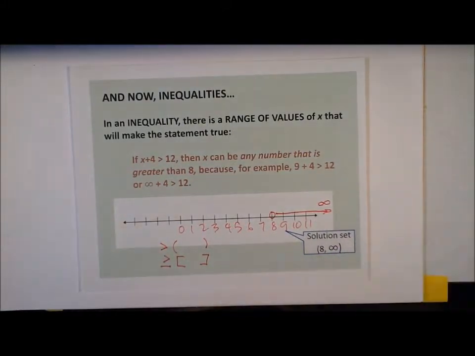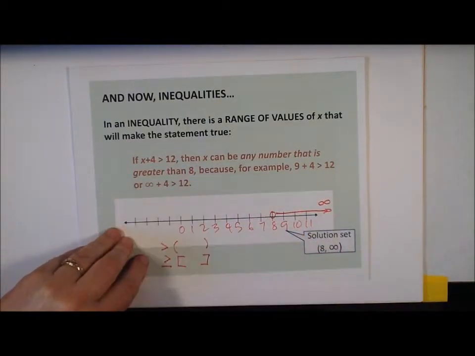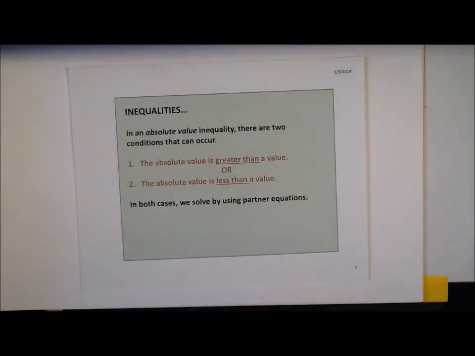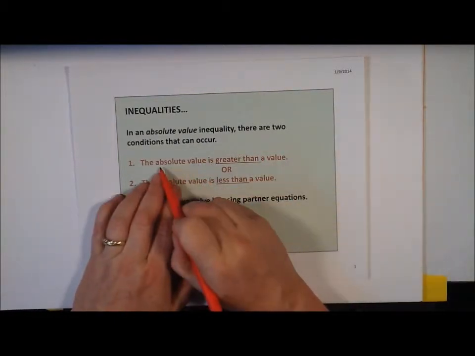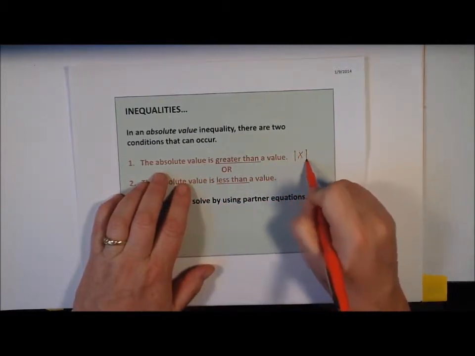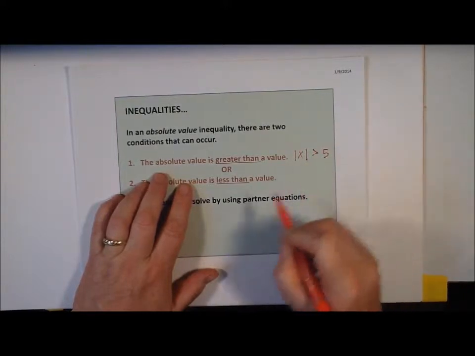So that's the idea of an inequality with just a normal, regular equation or expression. So now let's talk about what it looks like with an absolute value inequality. Now, just like with an equation, there are two cases that can occur. Here's the absolute value is greater than a value. So I'd have the absolute value of x is greater than 5.